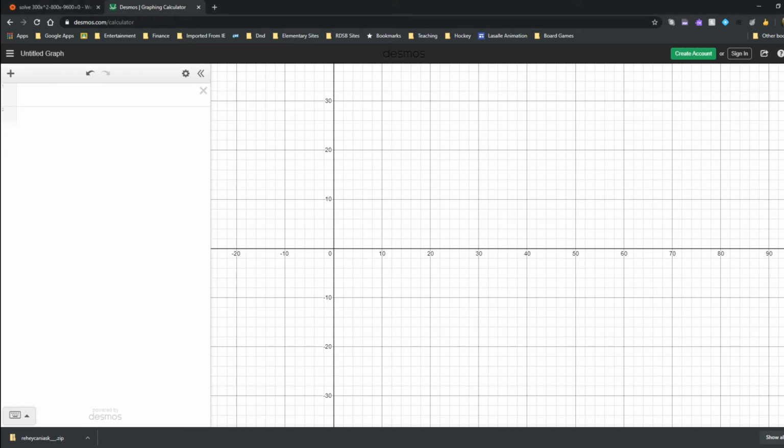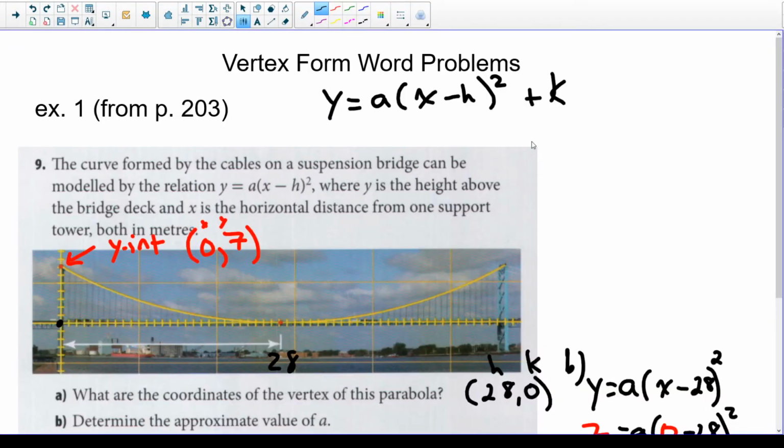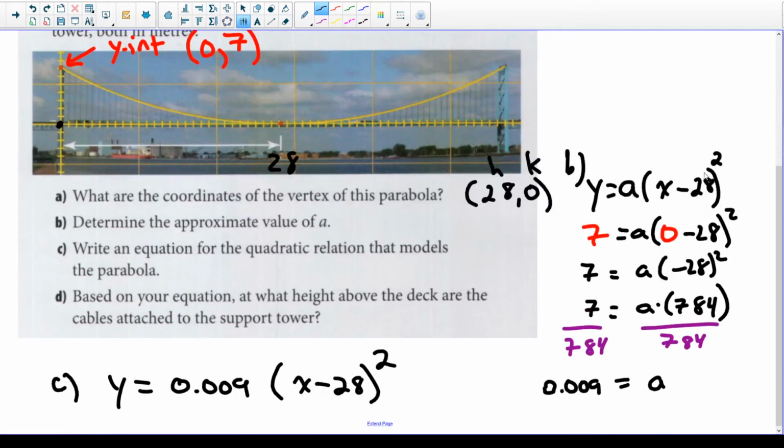So let's move back to our whiteboard here. Okay. So it says, based on your equation, at what height above the deck are the cables attached to the support tower? Well, we've actually already figured that out.